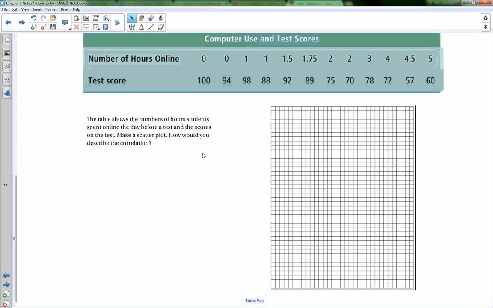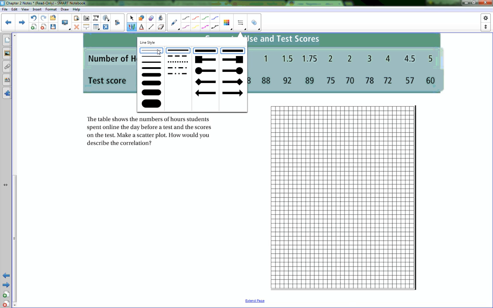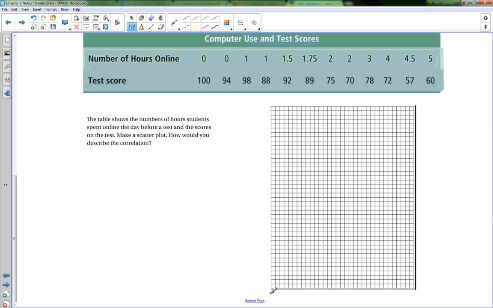So on my x-axis, we start at 0, and it's going to be 0.25, 0.5, 0.75, and 1, and then 2, and then 3, 4, and 5.